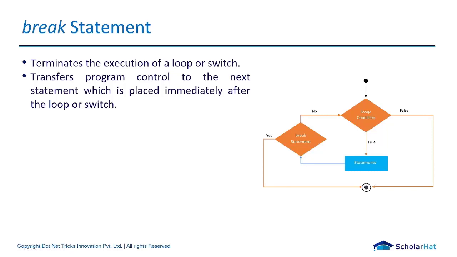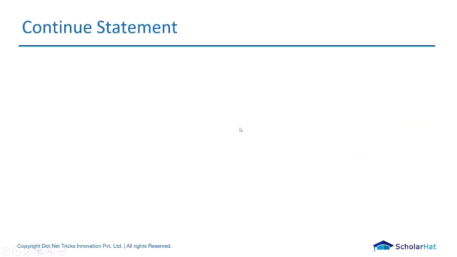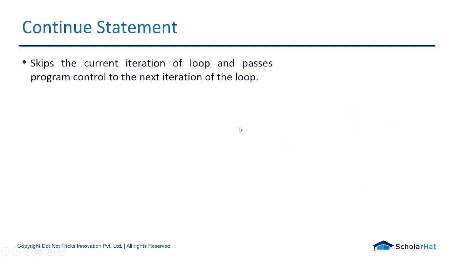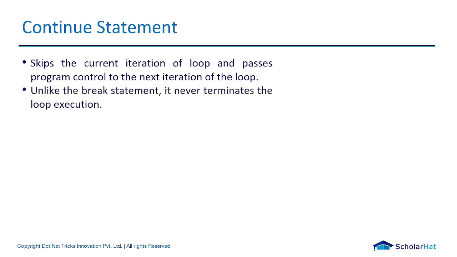Similarly, there is the continue statement, and there we're going to learn what the continue statement does. It skips the current iteration of the loop and passes the program control to the next iteration of the loop. So unlike the break statement, it never terminates the loop execution.